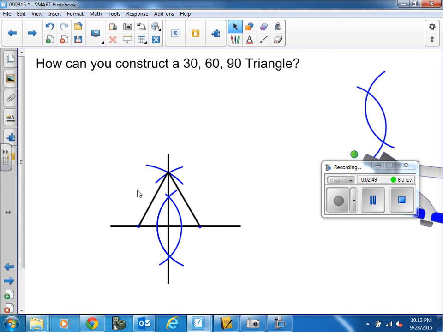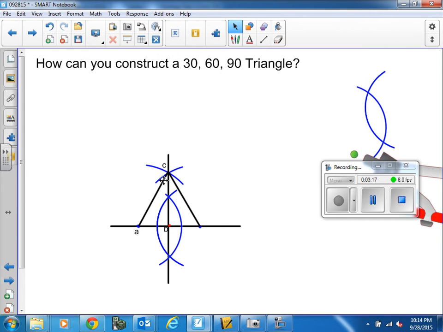All right, so if I were to label this A, and then B, and then C, we have triangle ABC. Triangle ABC now is a 30, 60, 90 triangle.